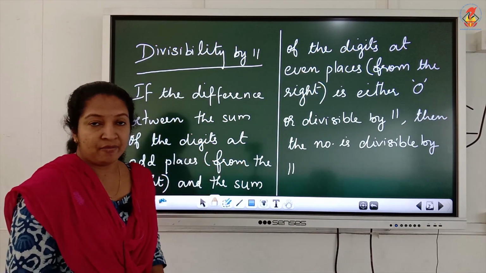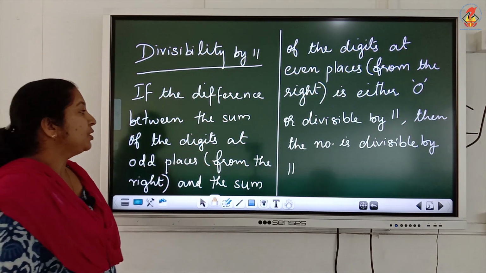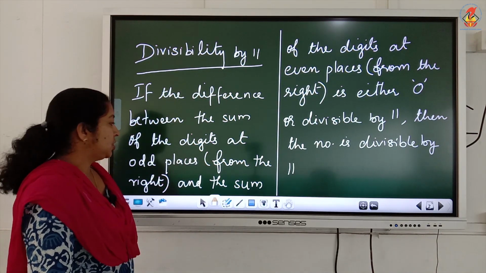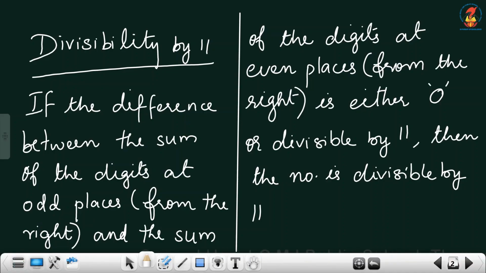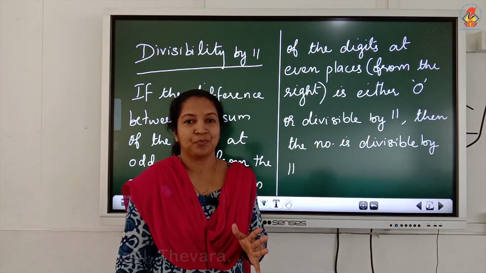Divisibility by 11. If the difference between the sum of the digits at odd places from the right and the sum of the digits at even places from the right is either 0 or divisible by 11, then the number is divisible by 11.